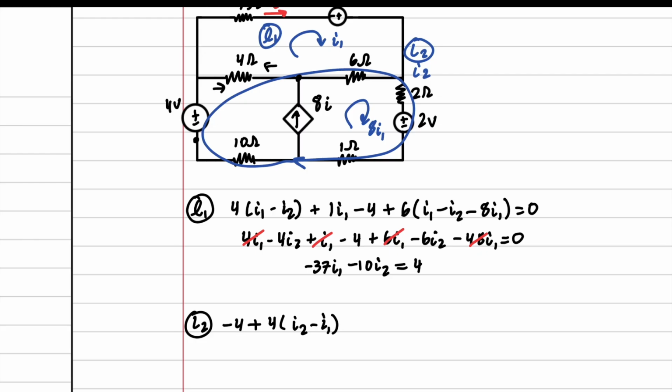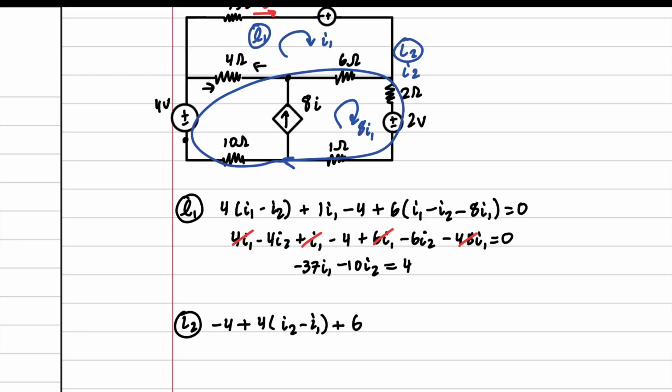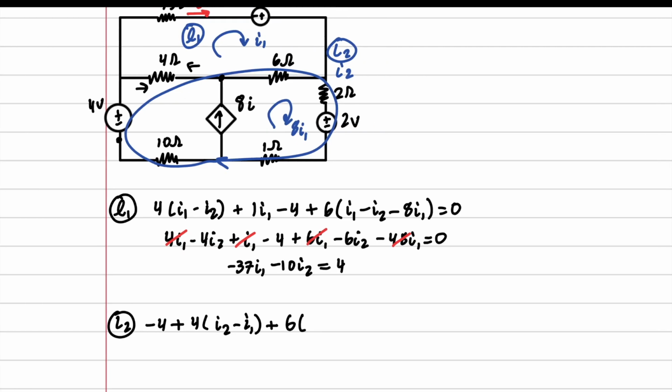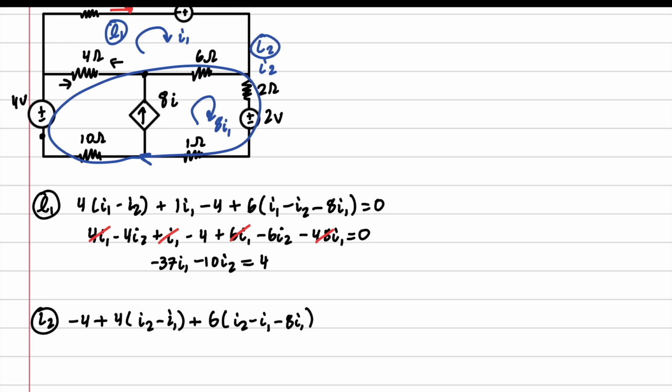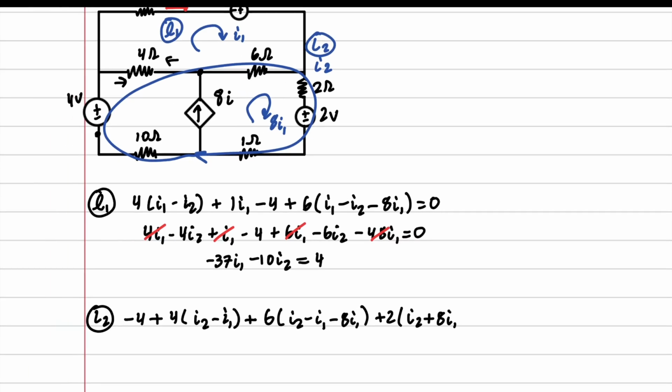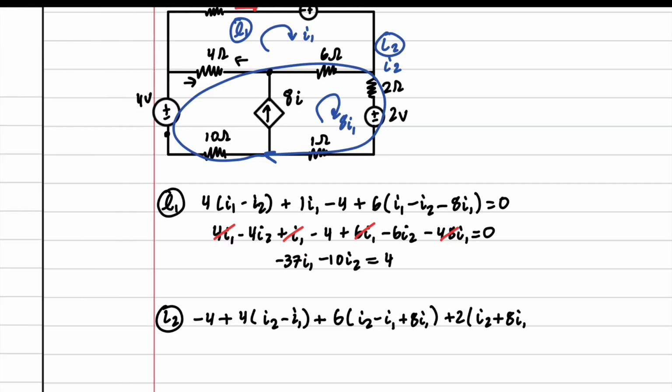We add 6, and once again I2 minus I1 minus 8I1 because they're opposing us. And then we have plus 2 times I2 plus 8I1 because 8I1 is helping us. Oh, I made a mistake. 8I1 is actually helping us here because I2 and I1 are going in the same direction.